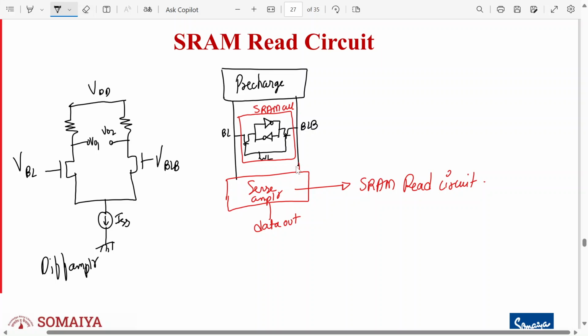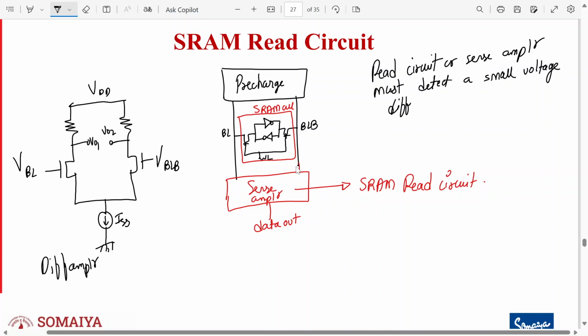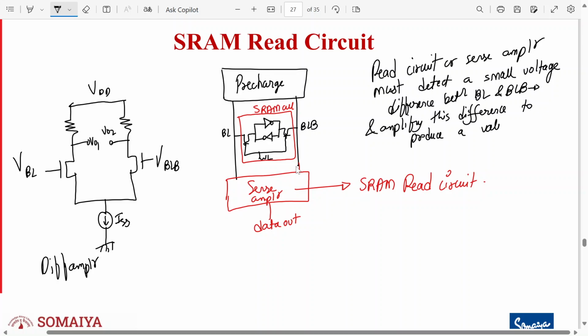So let me write over here: the read circuitry or sense amplifier must detect a small voltage difference between BL and BLB and amplify this difference to produce a valid logic output level.